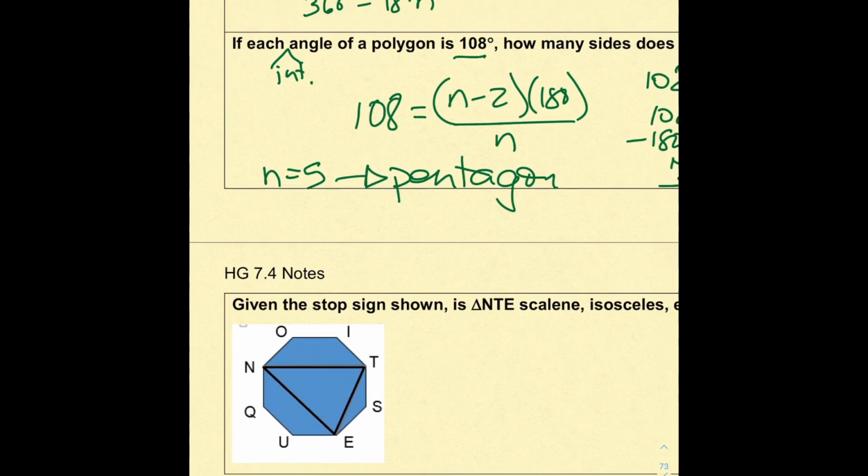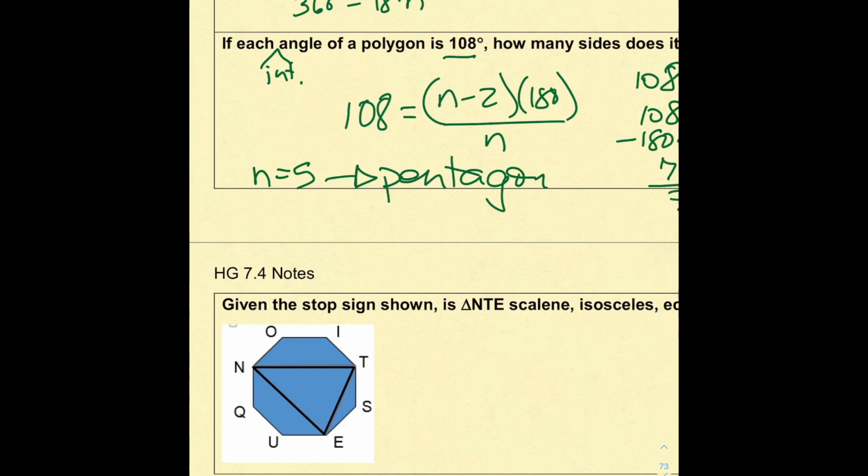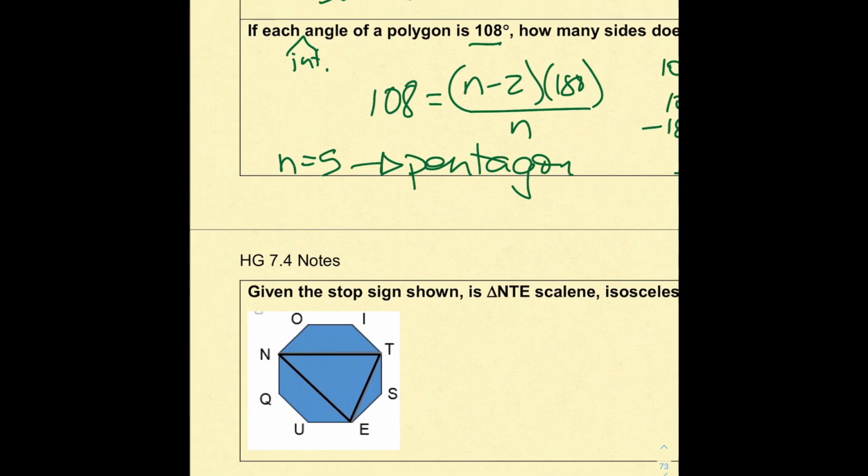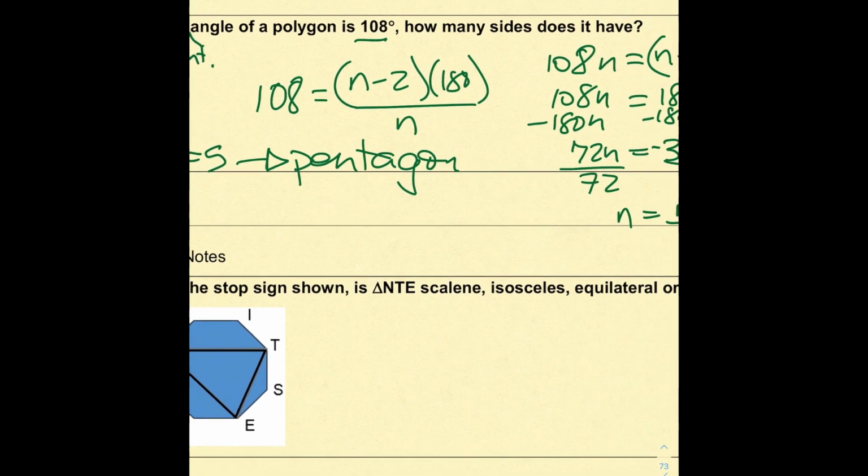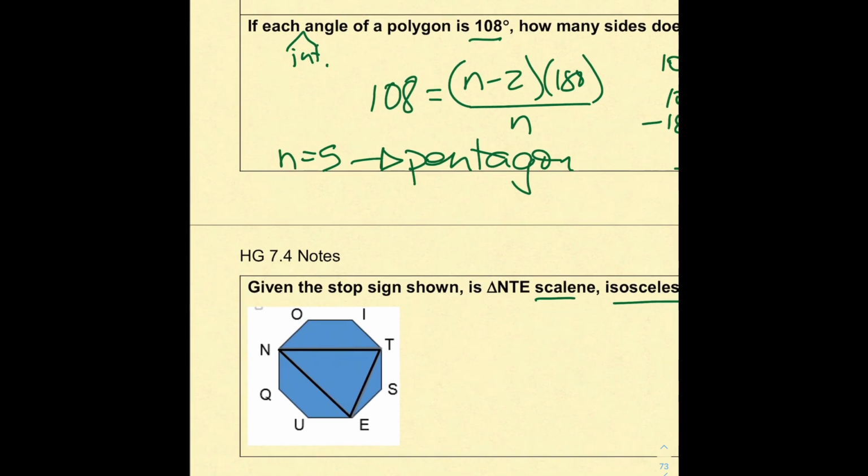All right, finally, last problem. It says, given a stop sign, is that triangle scalene, isosceles, or equilateral? So how do the sides compare? Well, we can see here that I have a pentagon, and a trapezoid here. This is an isosceles trapezoid. And this trapezoid here would be identical to that.